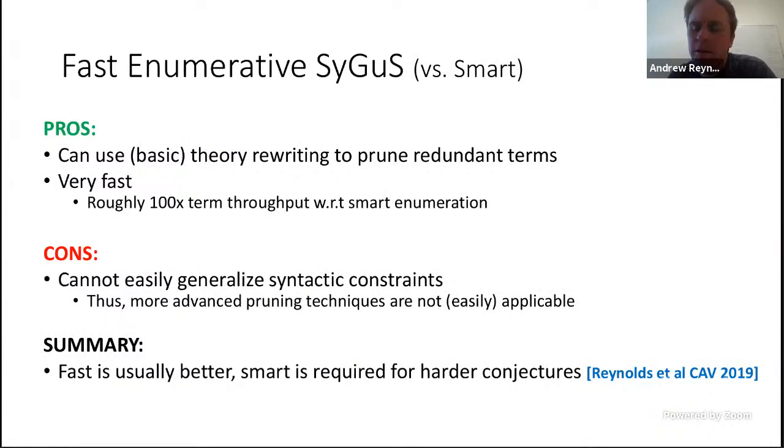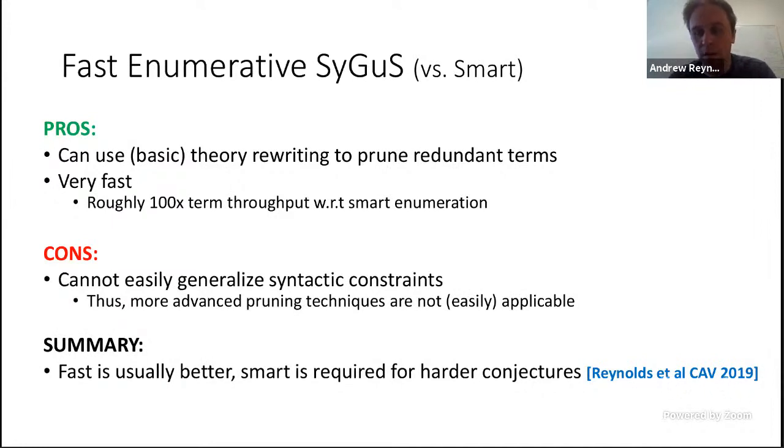Now, with respect to smart enumeration, there are a couple of pros of using fast. We can still take some of the optimizations from smart enumeration, like discarding terms that are not unique up to theory rewriting. And the other pro is that fast enumeration is indeed very fast.